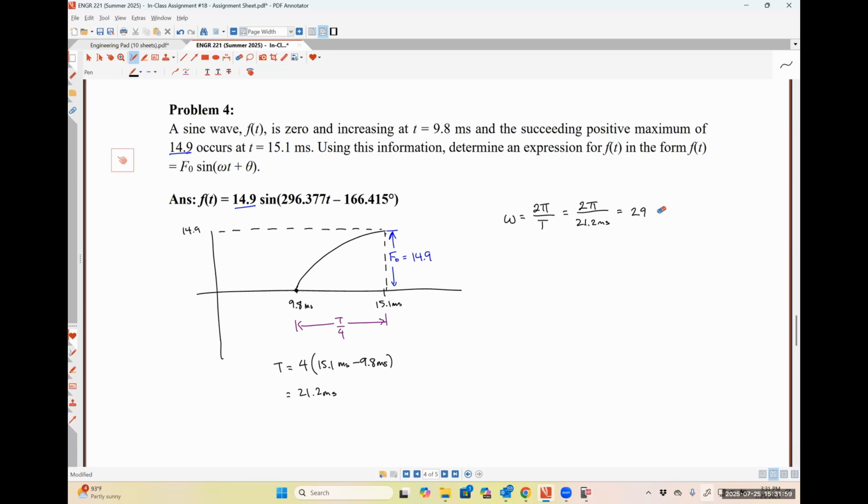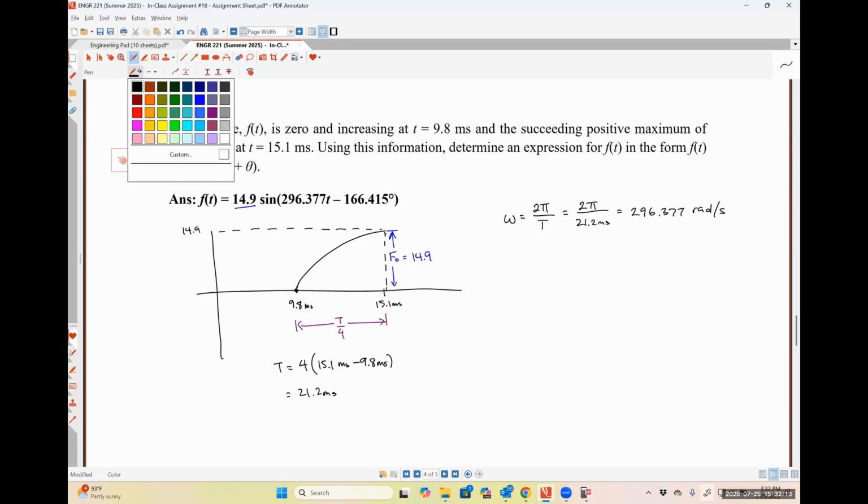Oh, nope, I typed it into my calculator wrong a moment ago. 296.3766. So let's call that 377 radians per second. So this value of omega matches our expected answer as well.